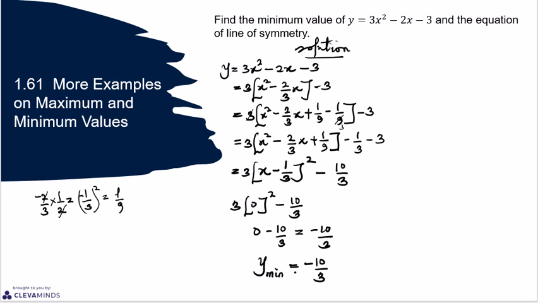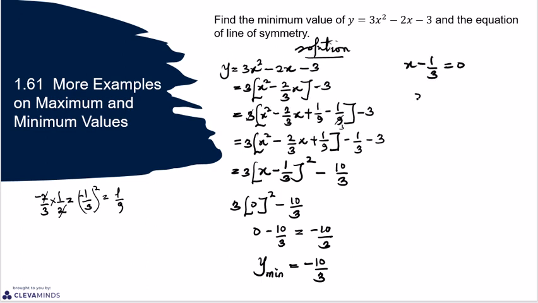This is the minimum value of y, because the minimum value of y is when the expression in the bracket, x minus 1 over 3, is equal to 0. So now at what value of x is y minimum equal to negative 10 over 3? We come here, that is when x minus 1 over 3 is equal to 0.